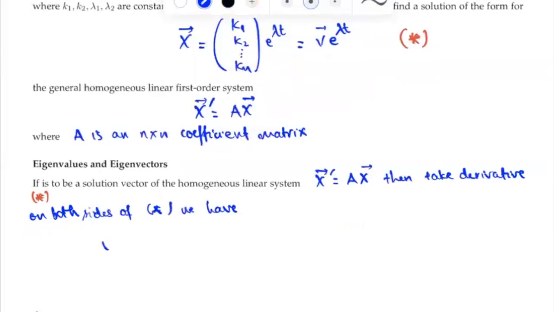We have that x prime equal to v times lambda times e to the lambda t.